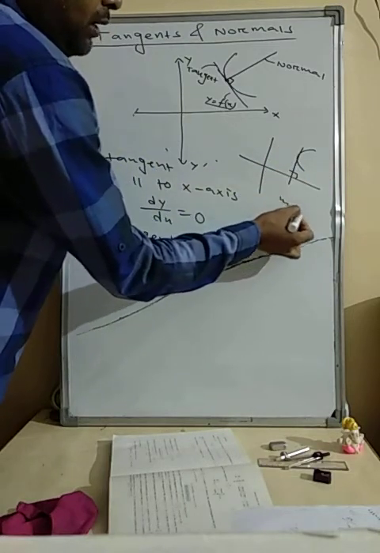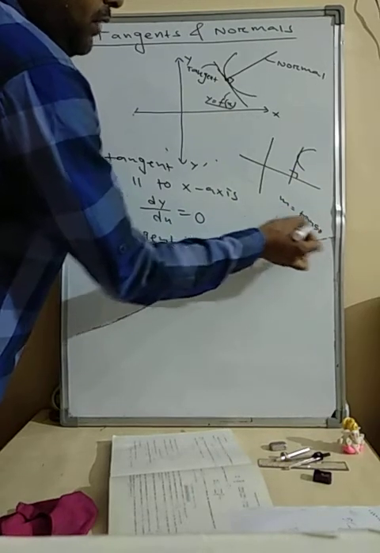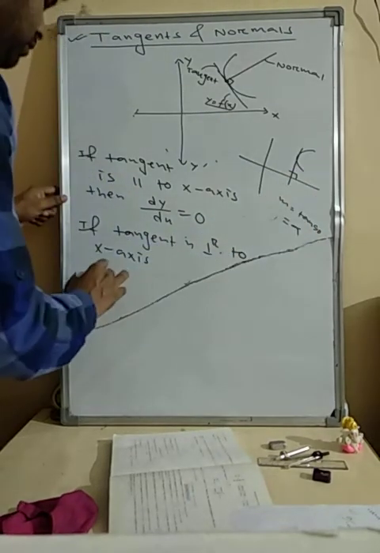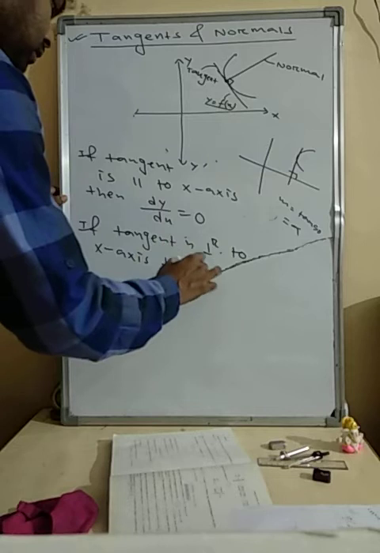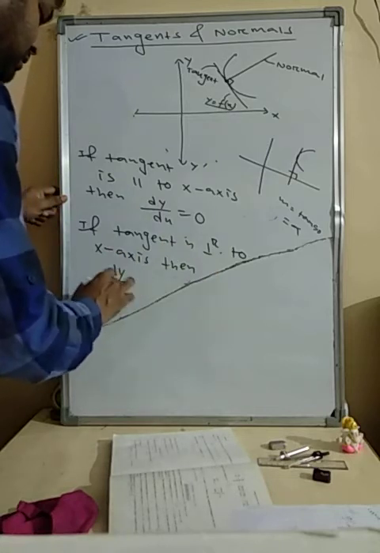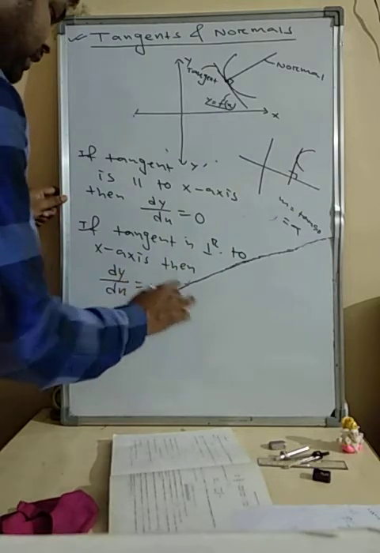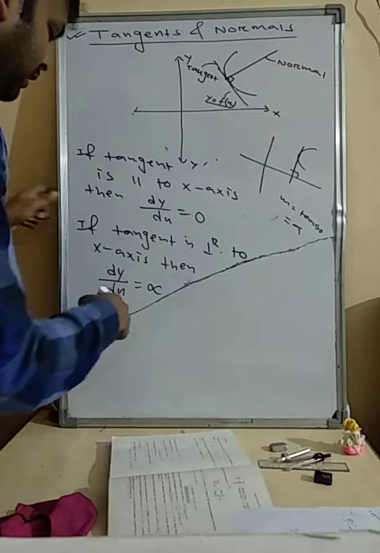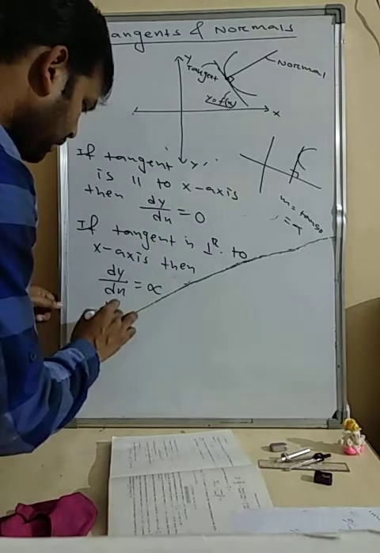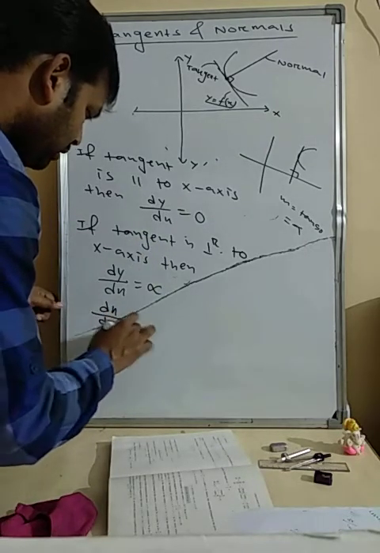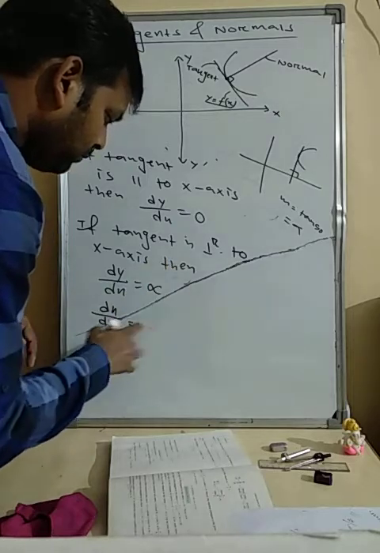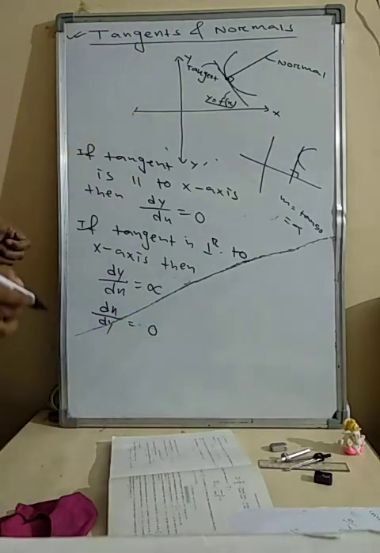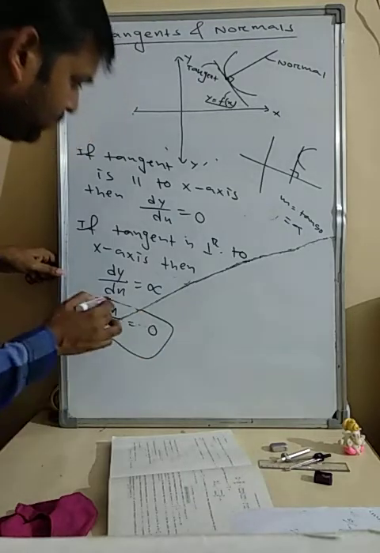So the slope will be tan 90, undefined. Therefore dy/dx is undefined, infinity. Or if I reciprocate it, dx/dy will be 1 by infinity, which is 0. You have to underline this.